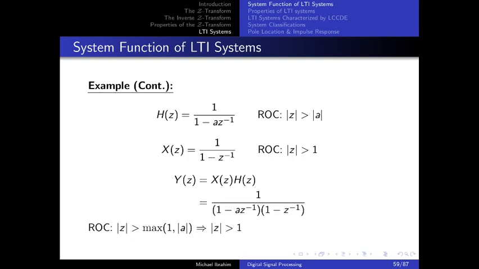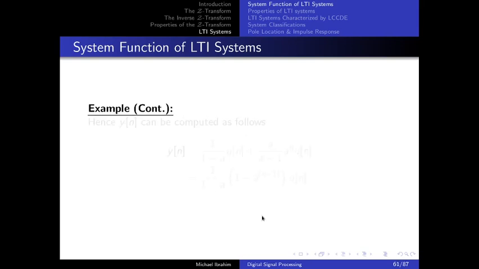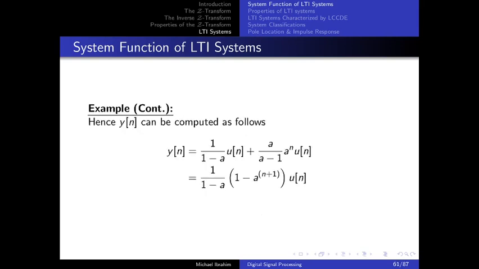And then we would choose the ROC to be the intersection of the two ROCs, either modulus z larger than modulus a or larger than 1, and here we get the maximum, of course, 1, as we have seen on the whiteboard. Now using partial fractions, we get A and B as we have discussed on the whiteboard. And now we have our step response, or the corresponding output. It's a constant A times u of n and a constant B times a to the power n u of n.